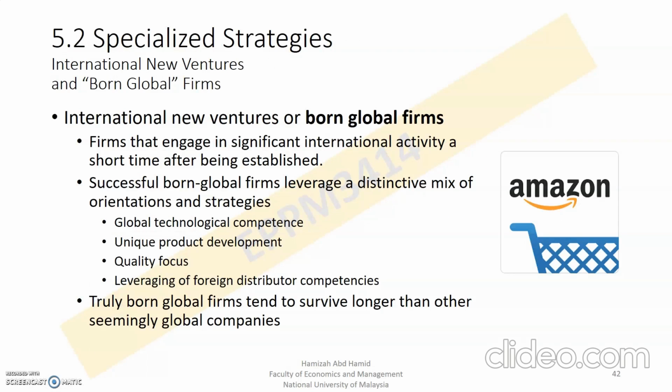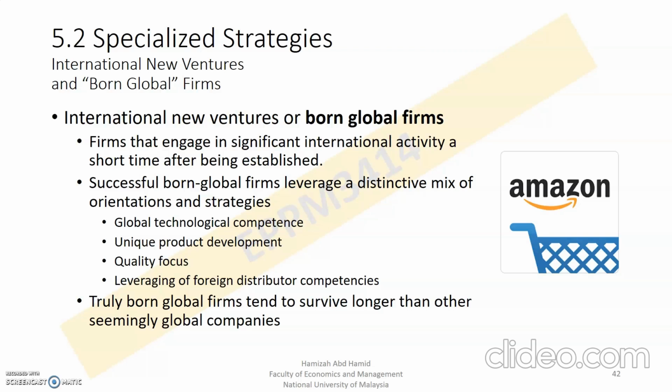We also have born global firms. These are firms that engage in significant international activity shortly after being established. Successful born global firms benefit from a distinctive mix of orientations and strategies. It includes global technological competence, unique product development, focus on quality, and also taking advantage of competencies of foreign distributors.